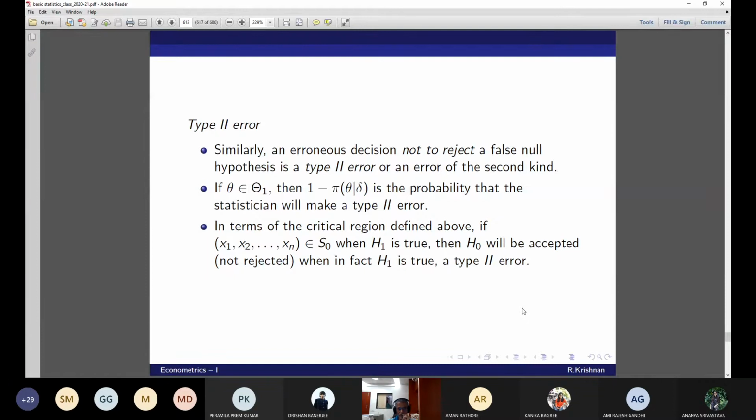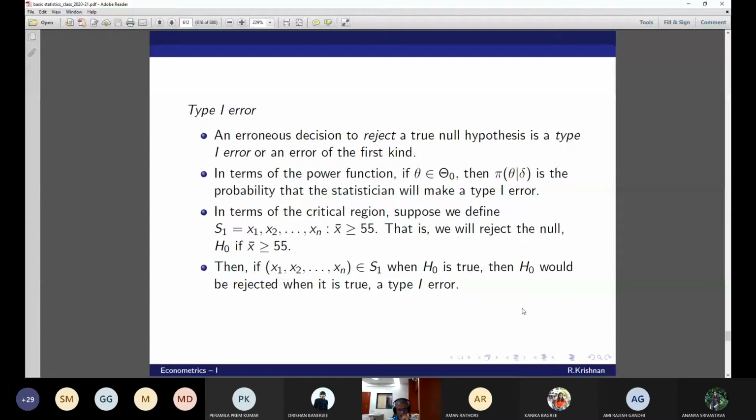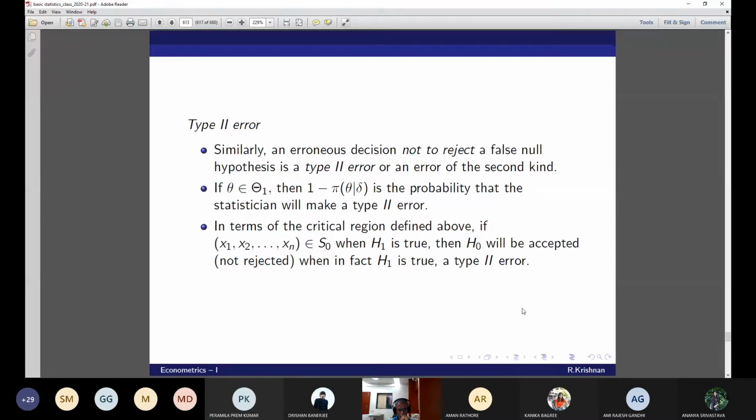It's a type 2 error. Don't worry about the third bullet point, it's confusing. You just remember type 1 error is to reject a true null. Type 2 error is not to reject a false null, or accepting a false null. And 1 minus the power function is the probability that the statistician will make a type 2 error.